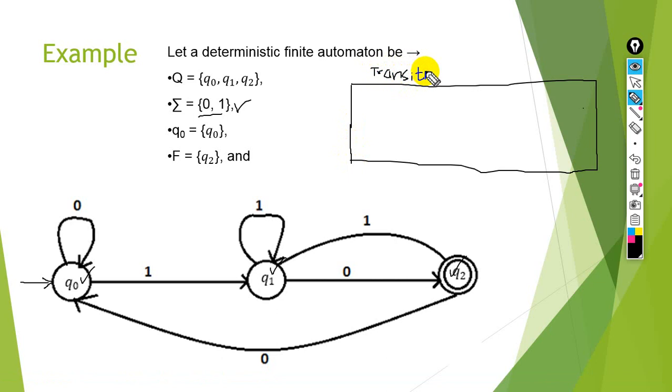This is the transition table that we have. In the transition table we have the present state, PS means present state, and NS means next state, for 0 and for 1.